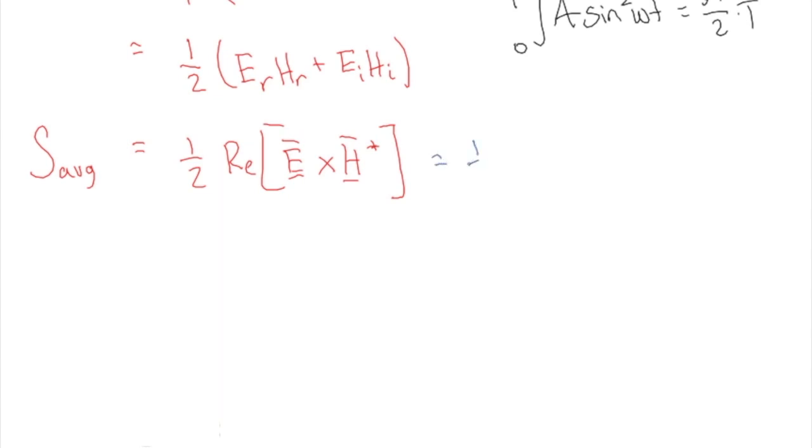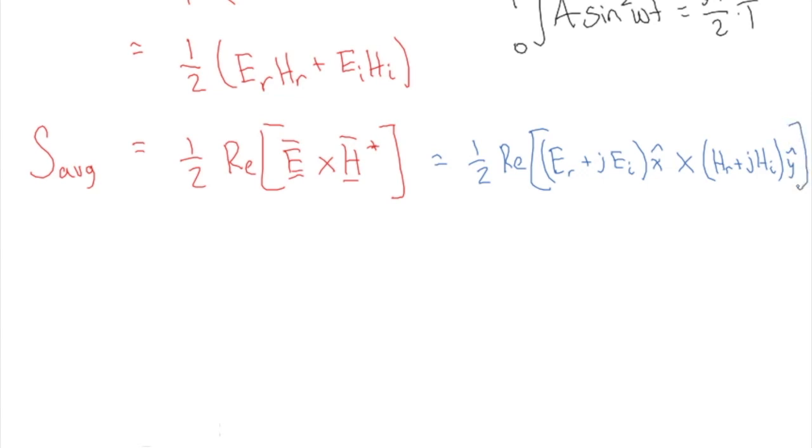That is 1/2 times the real part of ER plus j EI in the x-hat direction, crossed with HR plus j HI in the y-hat direction. And if you do the math, you will get the same solution we had above. And so that is it for our power.